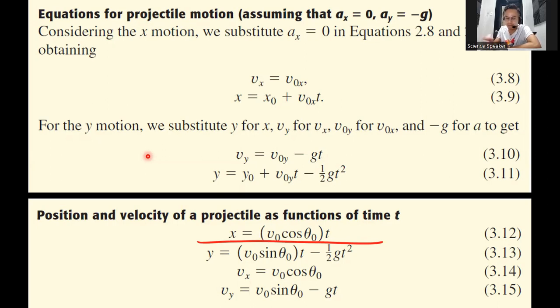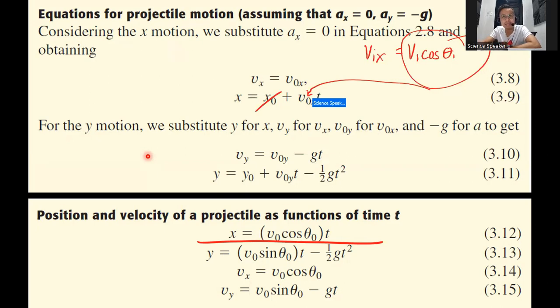So what happened? Granting that there is no initial x value there, and that your initial velocity v sub x is basically v sub i cosine theta. So you simply substitute this in the v sub ix, or in this case, what you see on the screen, v naught x.